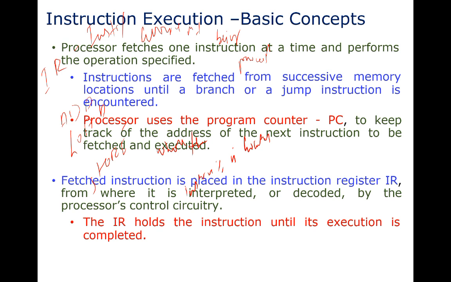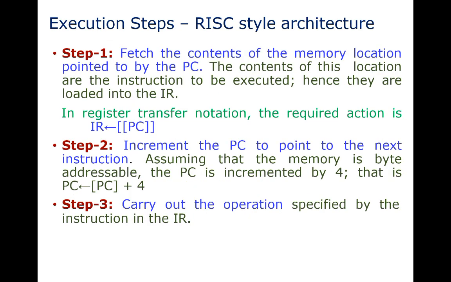Next, with respect to the RISC style, we see the fetch, decode and execute process. At a basic level, instruction execution can be understood using these three steps. First, the processor fetches the instruction from memory.